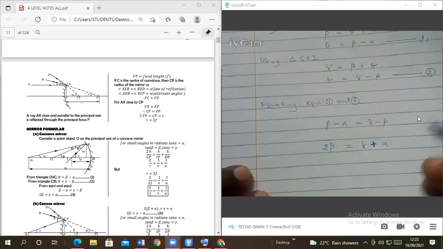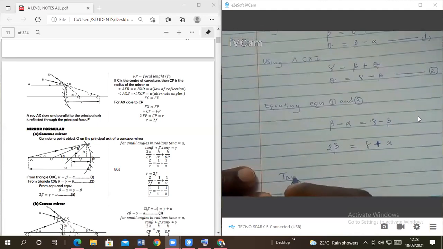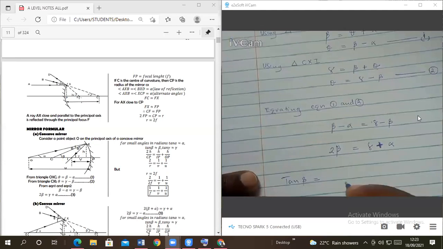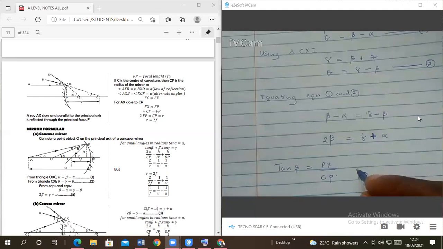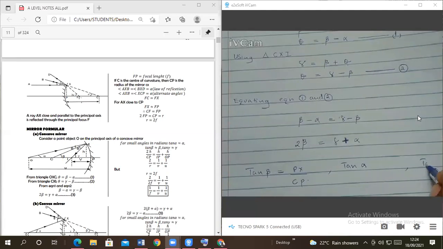So you can come and write that tan beta equals PX over CP. But the other thing that you should know, we should also find tan alpha and also tan gamma.